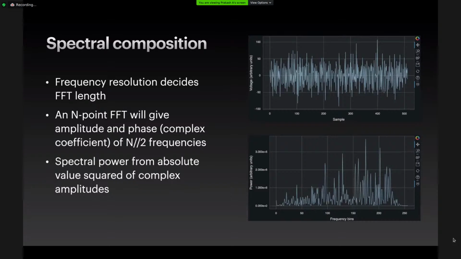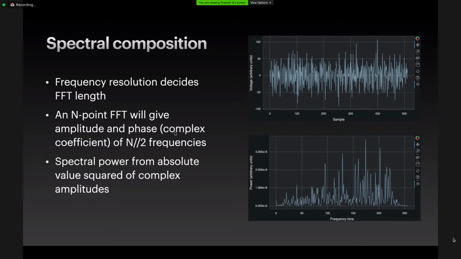Now coming to the part of finding out what frequencies are contributing towards this time series variation. In the top panel, I have taken about 512 consecutive voltage samples, a small chunk of the time series that we have.